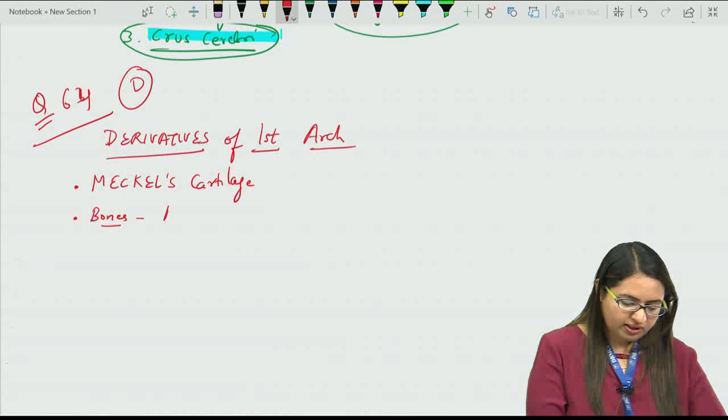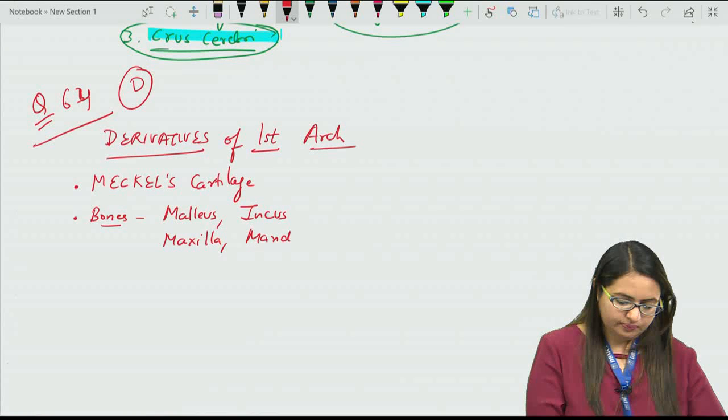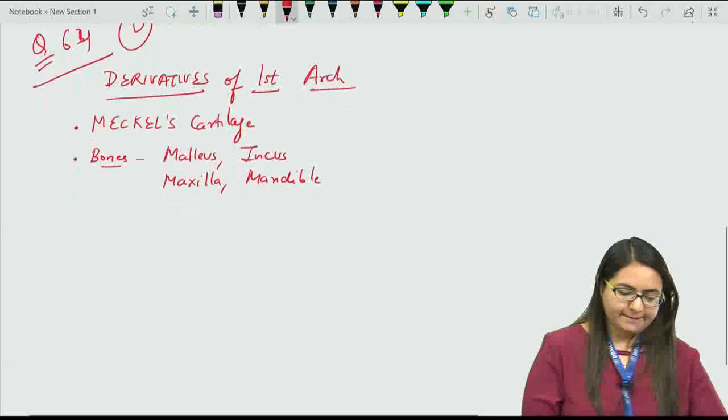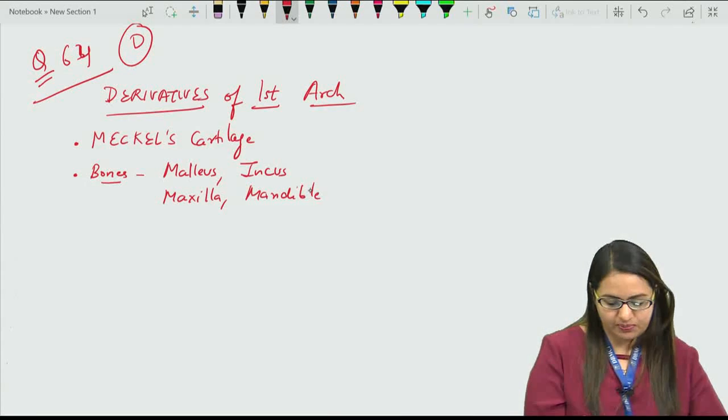Then the bones which are formed by this are malleus, incus, maxilla and mandible. Along with it, the spine of sphenoid.